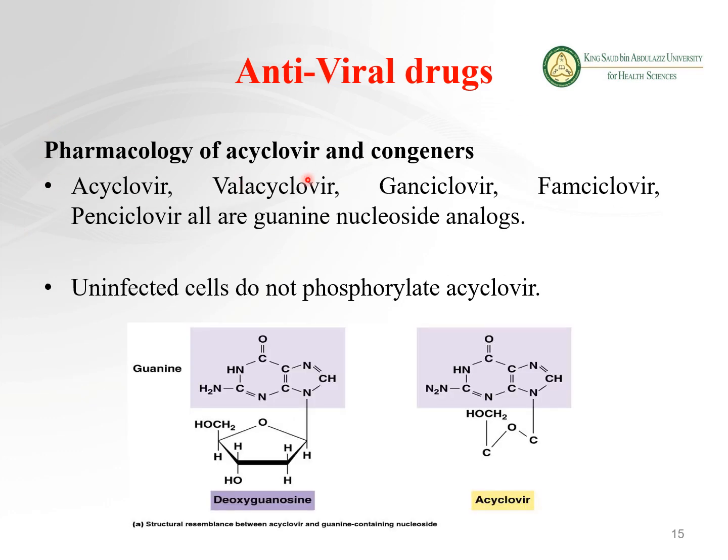Now the pharmacology of acyclovir and related drugs. Acyclovir, valacyclovir, ganciclovir are all guanine nucleoside analogs. So this is guanine, and they are different derivatives of it. Uninfected cells do not phosphorylate acyclovir.